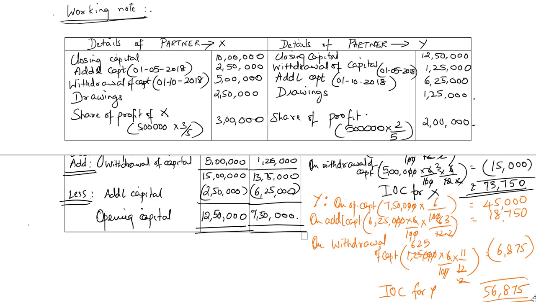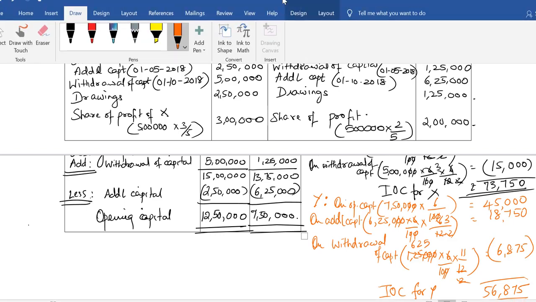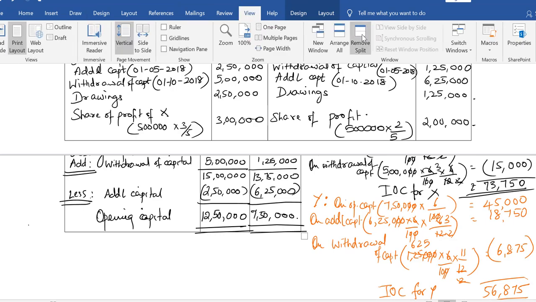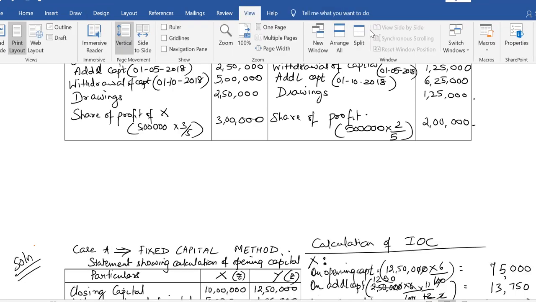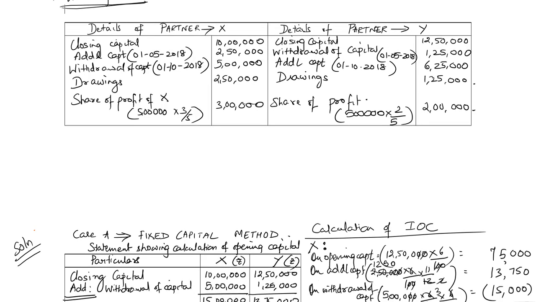I'll remove the split and we can see the answer for calculation of interest on capital when the capital is fixed.